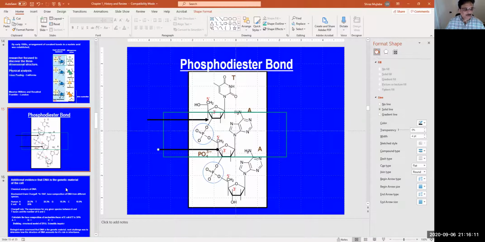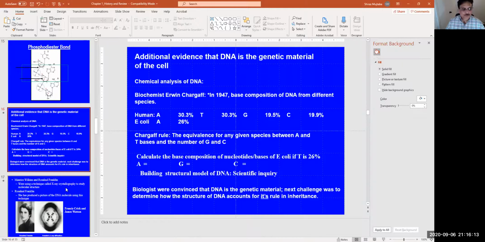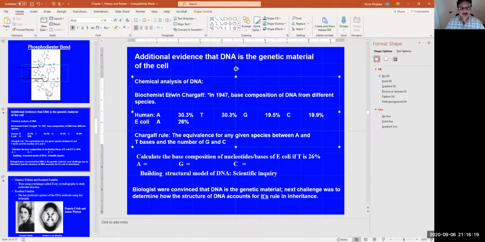Now, another very interesting theory was proposed, called Chargaff's rule, which was proposed by Erwin Chargaff in 1947. Let me go back to the drawing board.